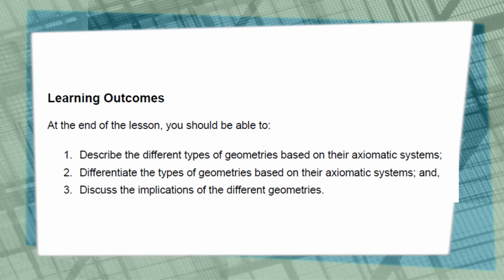So iba-iba. There is no only one geometry, but we can have many geometries depending on the axiomatic system that we are using. Okay? So yan yung number 2. We can differentiate the types of geometries based on the axiomatic system.